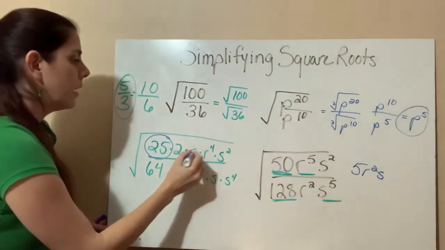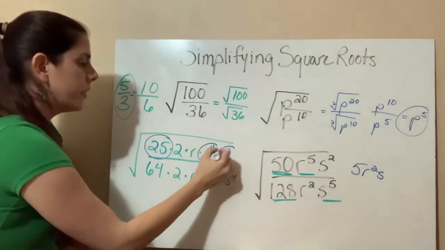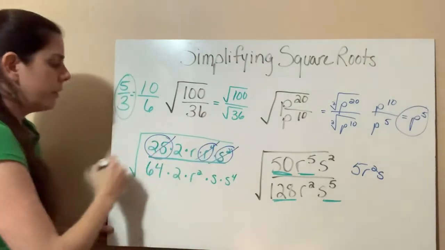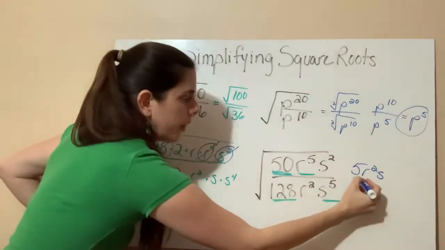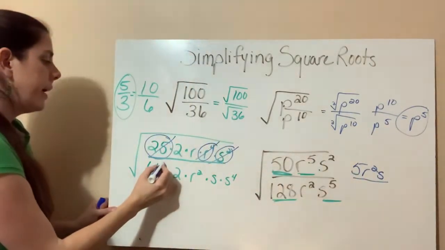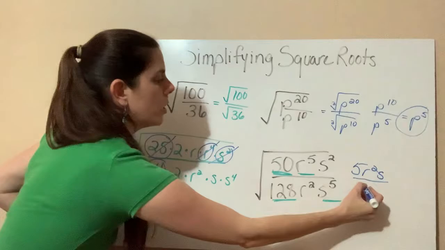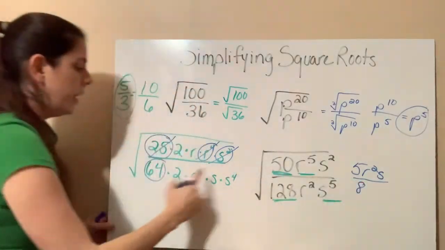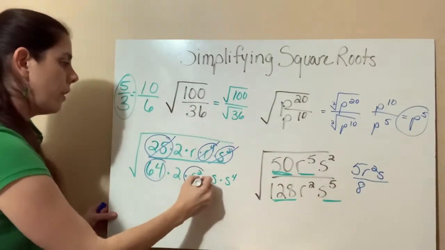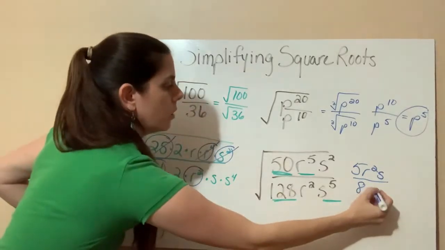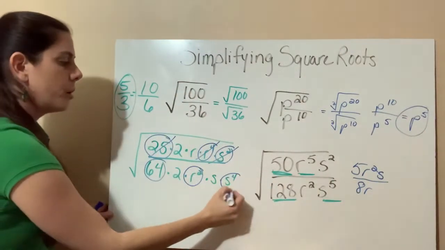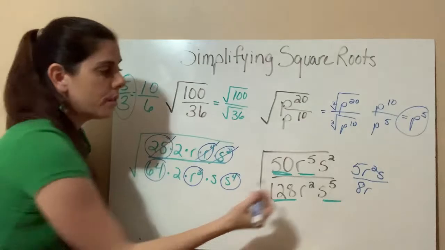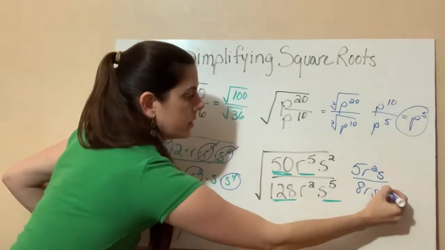So we've taken care of all of our perfect squares. On the bottom, we have the perfect square root of 64, which is 8, then the perfect square root of r squared, which is r, and the perfect square root of s to the 4th, which is s squared.